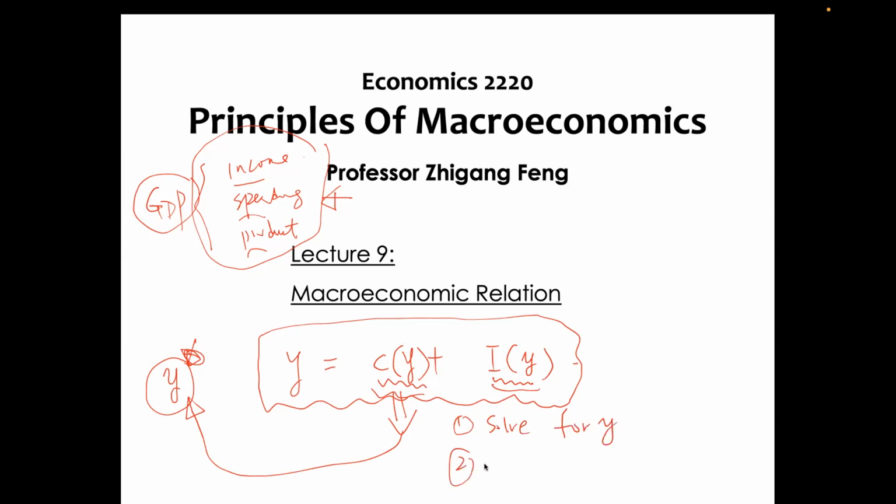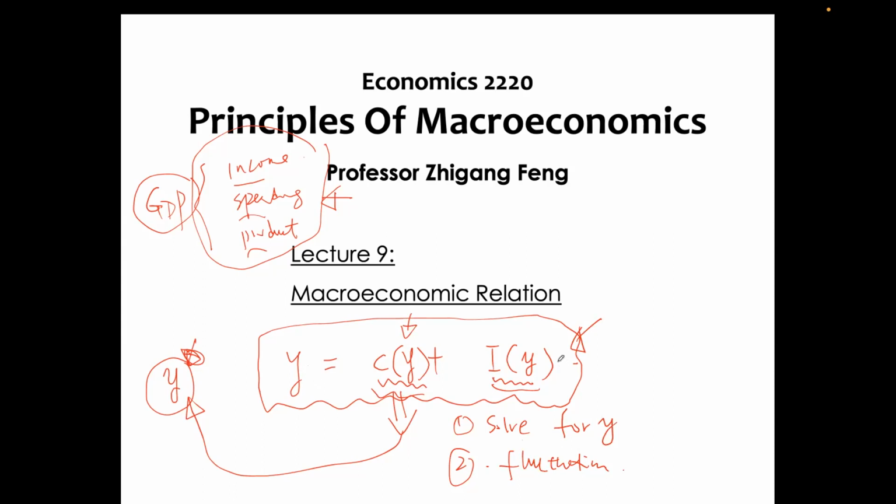Number two, if there's any disturbance or distortion or shock to the economy, then from this equation you can immediately see what causes the fluctuation. Whenever you have some disturbance or fluctuation in this equation, you can solve for a different Y. Does that make sense?